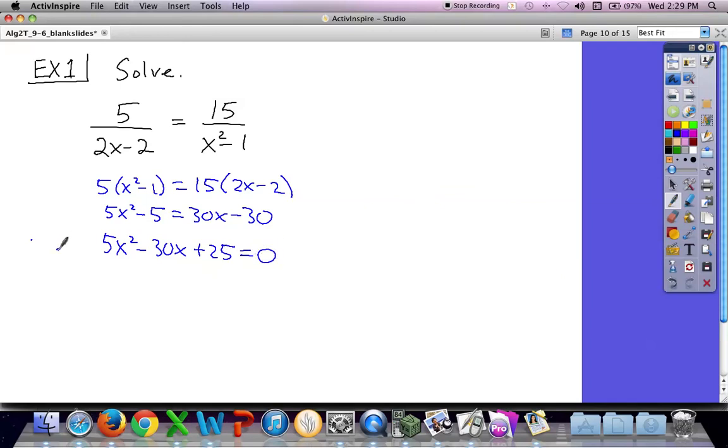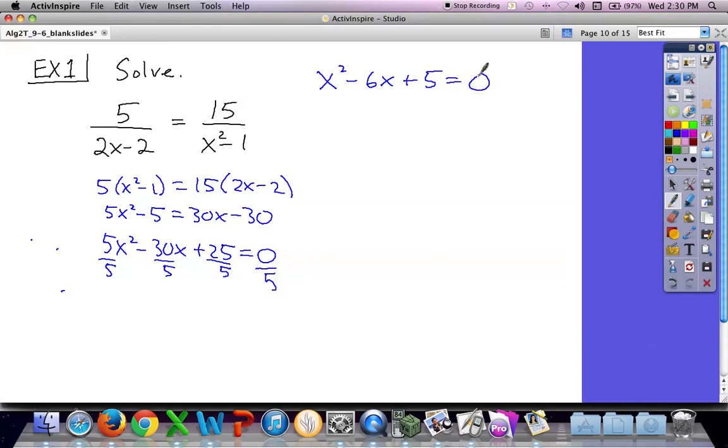And because everything is divisible by 5, I'm going to divide by 5. Since they're all divisible by 5, let's divide everything by 5. I can do that because it's an equation, and I'll just do it to both sides. That makes it okay. And now I've got x squared minus 6x plus 5 equals 0.